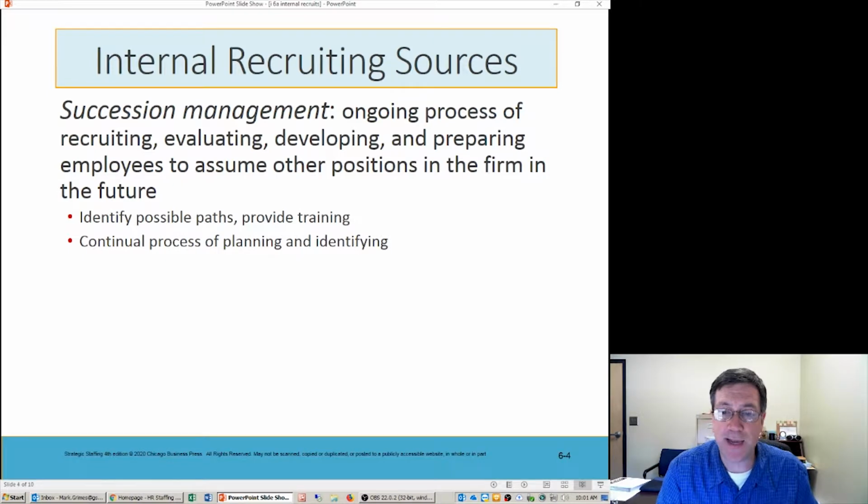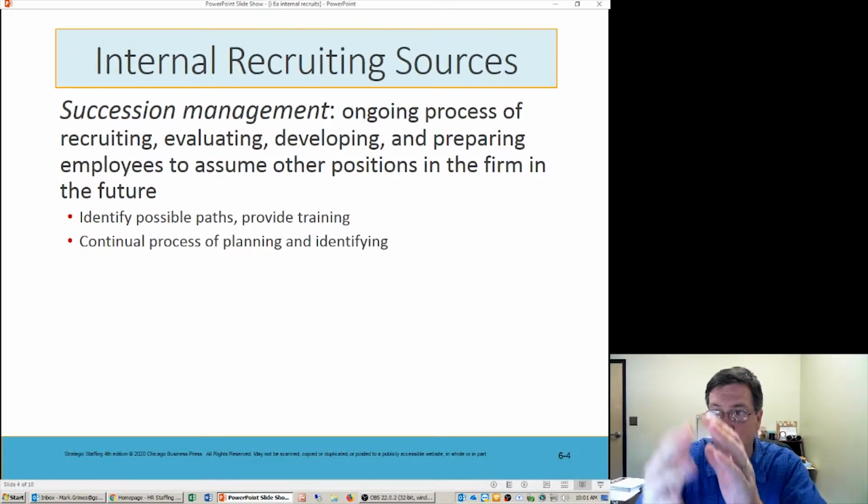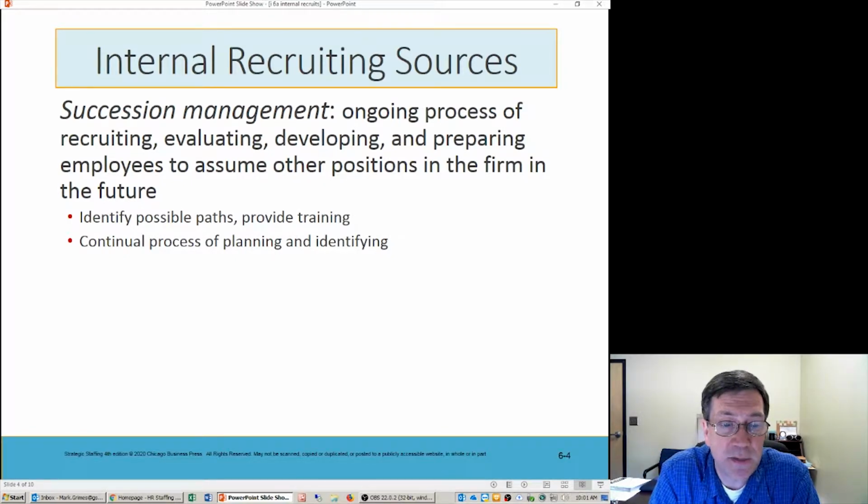So as we look at individual employees, we're looking at where they could go in our organization. We're identifying the possible paths they could take going up through the organization, you know, achieving promotions and increased responsibilities along the way. As we're identifying what those paths might be, we're looking at the skills they're going to need, and we're helping them to get those skills by training and giving them assignments.